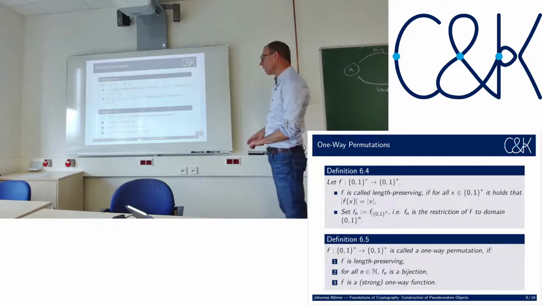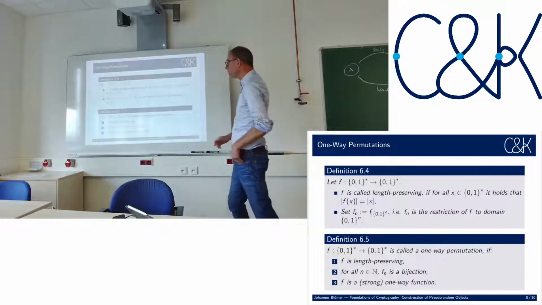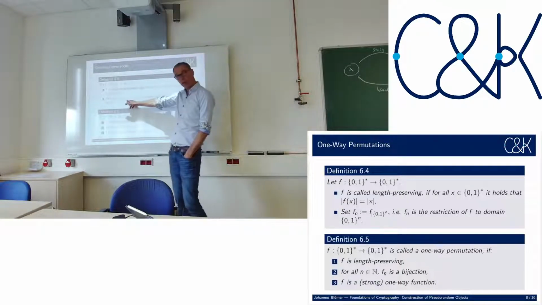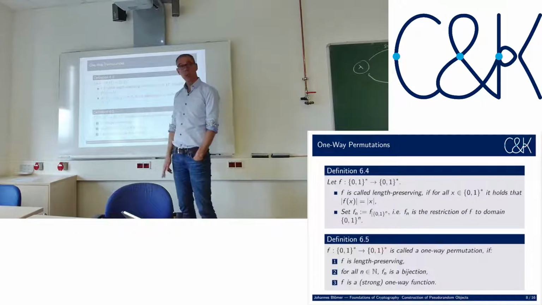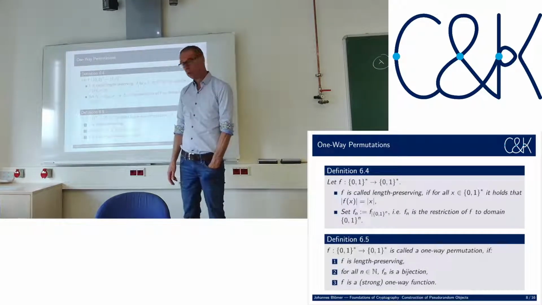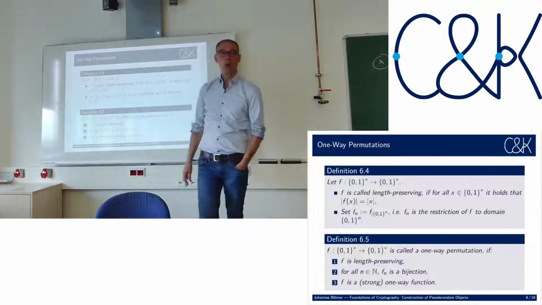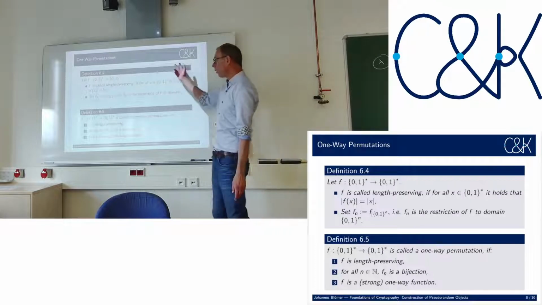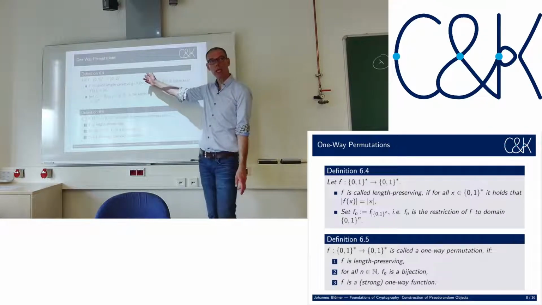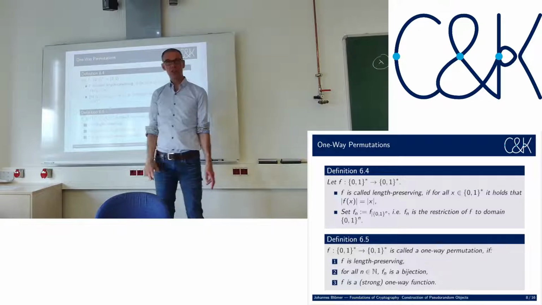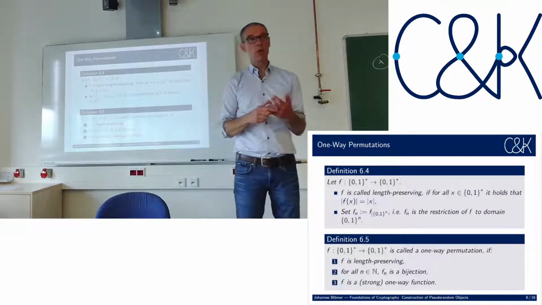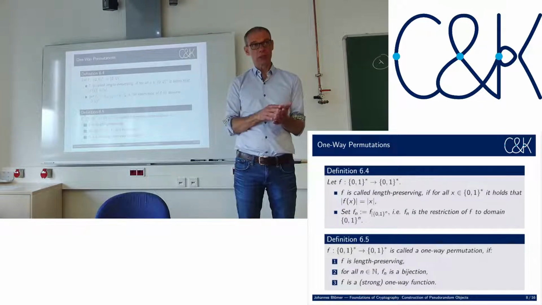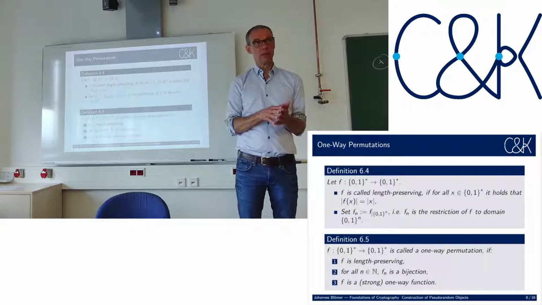And then we say that f is a one-way permutation if, first of all, f is length preserving. For all these restrictions, f_n is a bijection, and f is a strong one-way function. So permutation doesn't just mean that this function from {0,1}* to {0,1}* is a permutation, but for all n, the restriction must be a permutation.